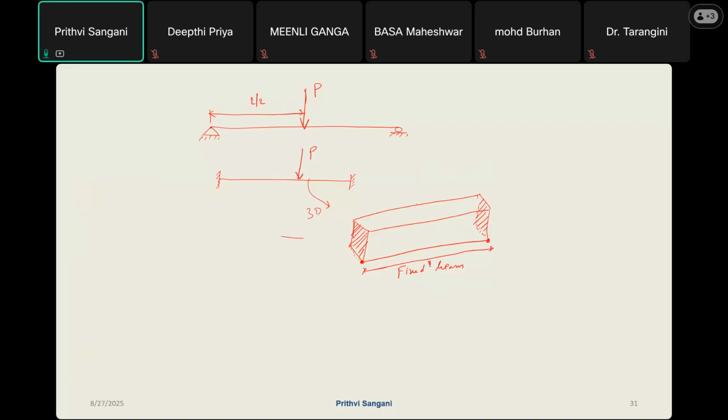This is my length, and this is my L by 2. So here, where should my load P act? Does it act at this corner, or at this corner, or at this point, or is it going to act along the entire length L?